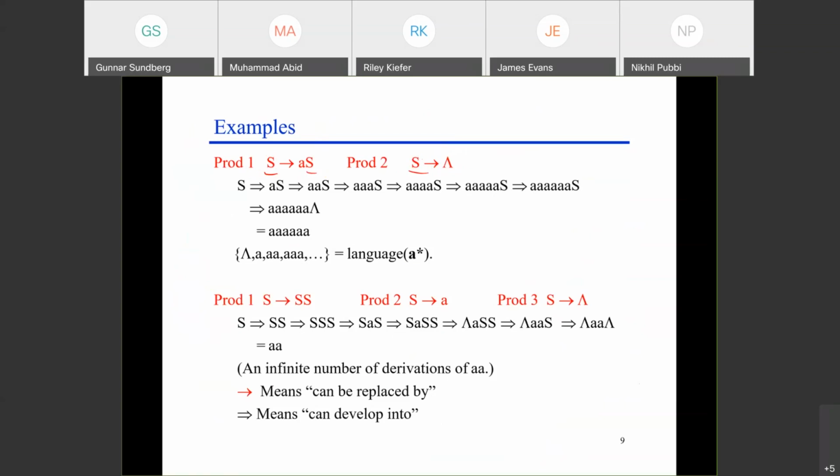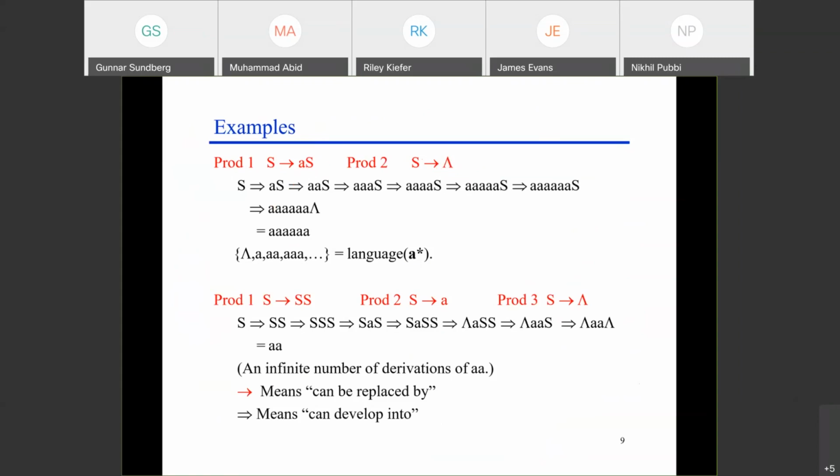So we have only capital S, only one non-terminal here. And how many terminals do we have? Any sign, symbol, or small case letters. So you have small a here, and that's it. This is your terminal. Lambda is neither a terminal nor a non-terminal. We will see why this is the case. So we do not consider lambda either terminal or non-terminal.